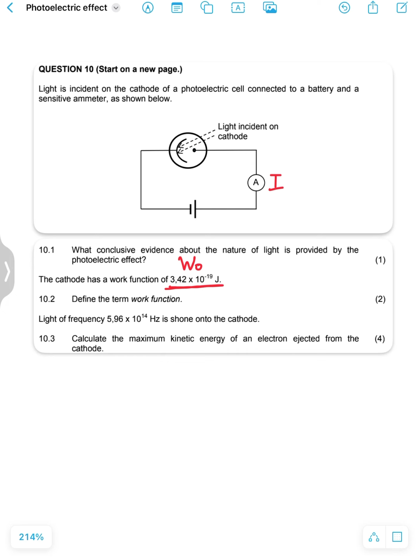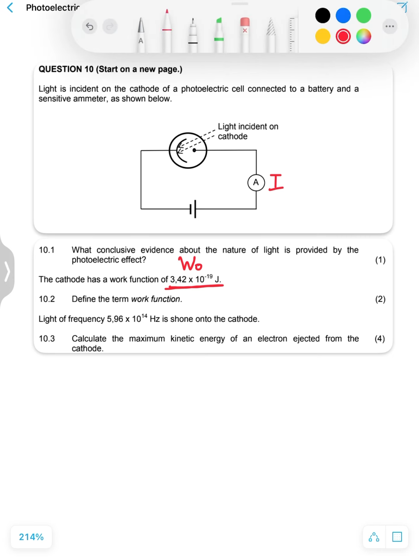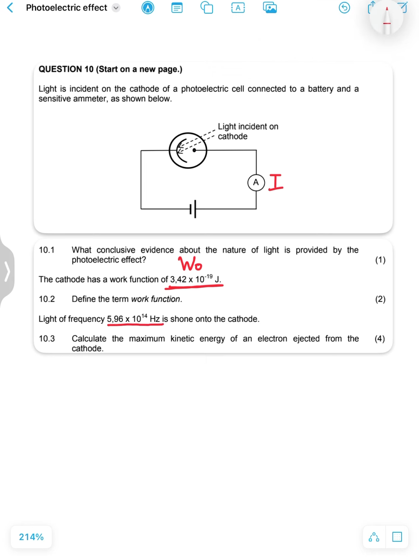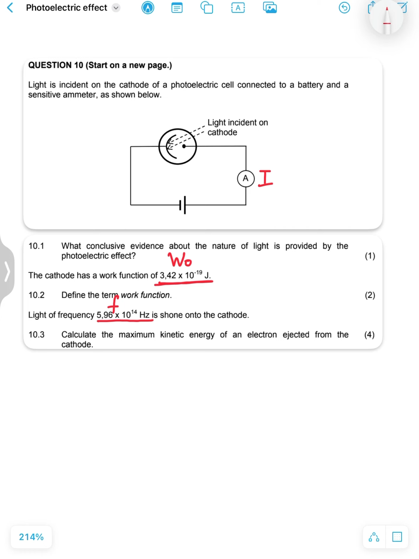So here you are given that the light carries a frequency of 5.96 times 10 to the power of 14 hertz. Calculate the maximum kinetic energy of an electron ejected from the cathode.